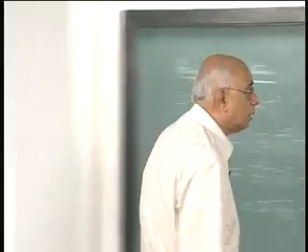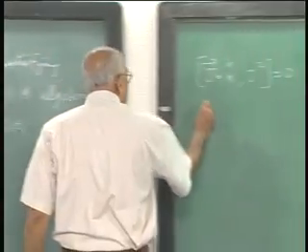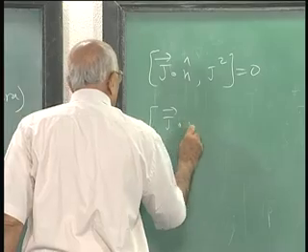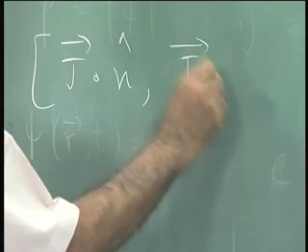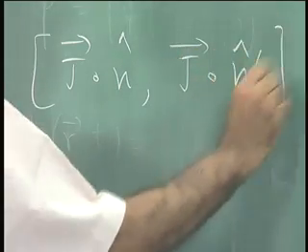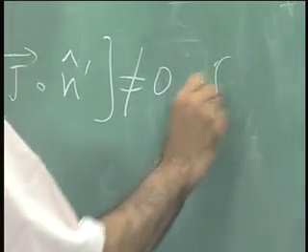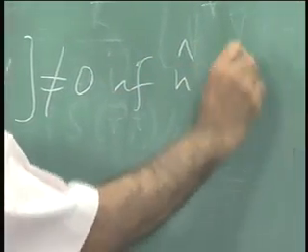That is immediately clear, because J dot n with J dot n prime is not equal to 0 if n is not equal to n prime. If these are two different unit vectors, then these don't commute with each other.